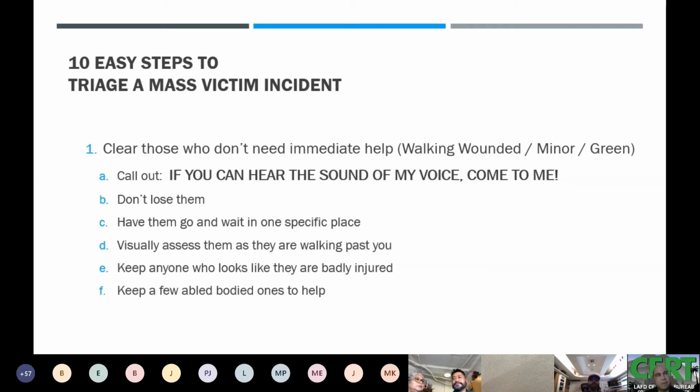Also, see if you can put someone in charge of them. If there are 5 people there and one person looks a little bit more together than the others, say, hey, I need you to take charge, make sure everybody stays over there. If anybody starts to go downhill or has any problems, come grab us. And then you two, you look like you can help us out. Can you stay with us? We're going to go help your friends out.